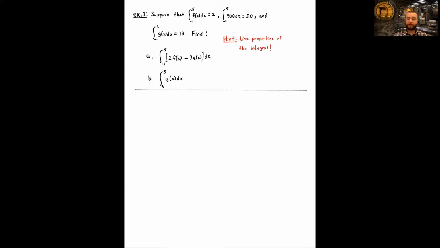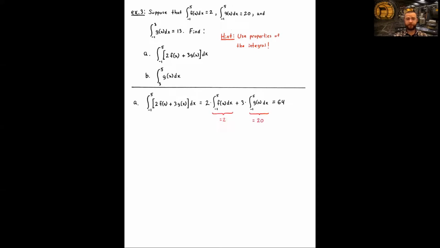All right, welcome back. Part A is definitely the most straightforward of these two examples. Since you are multiplying f and g by constants 2 and 3, and then you're summing, it's basically asking you to use property 2 and 3 of integrals, the constant multiple property and the sum and difference property.